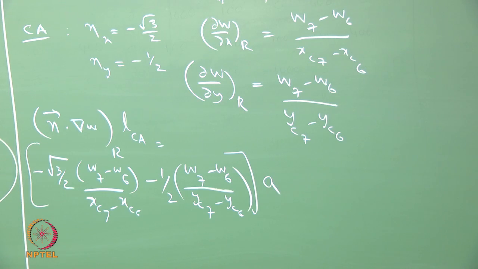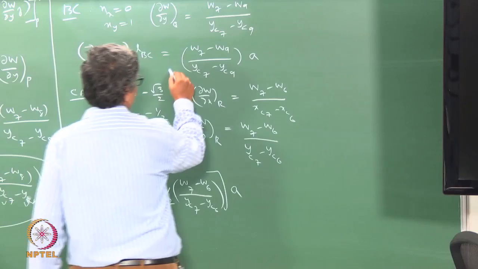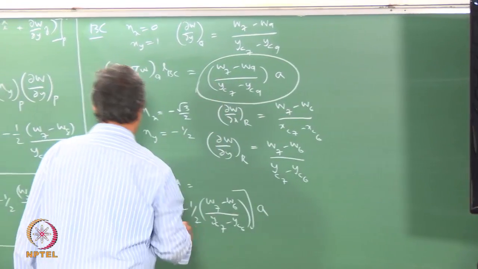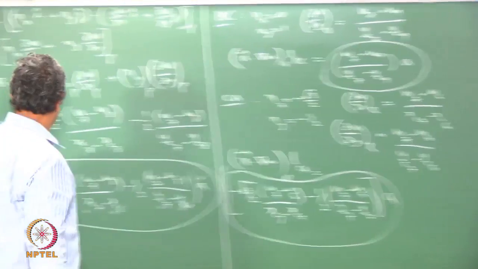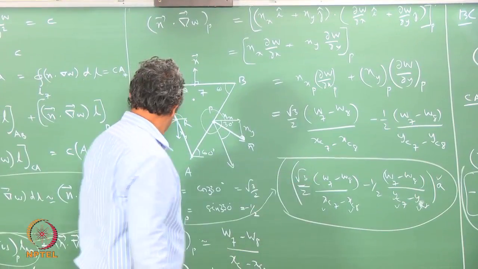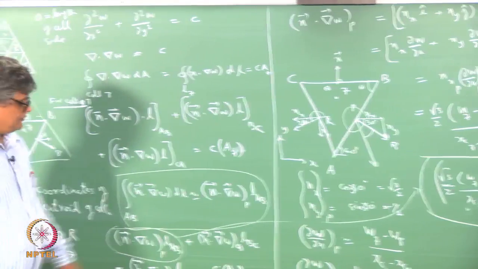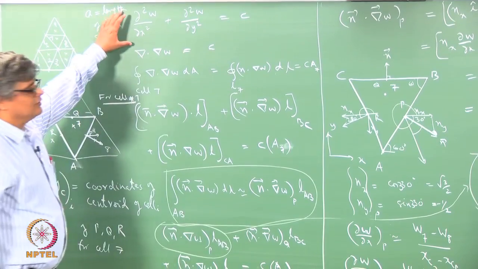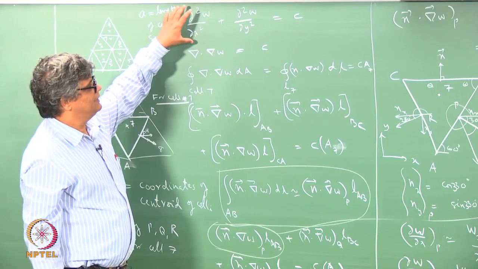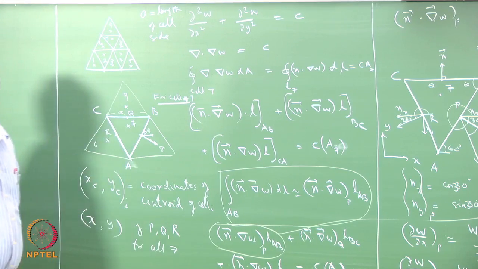So we can add this part and this part and this part, and set that equal to C times the area of the cell, and that will give us the evaluation of this partial differential equation over the cell 7.